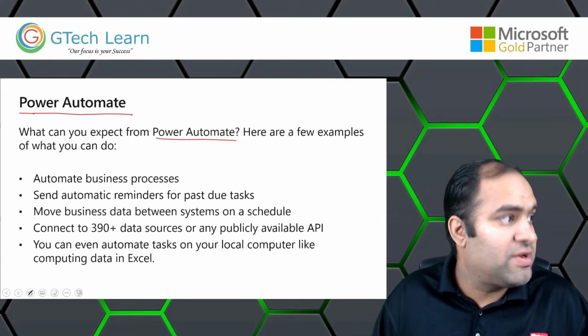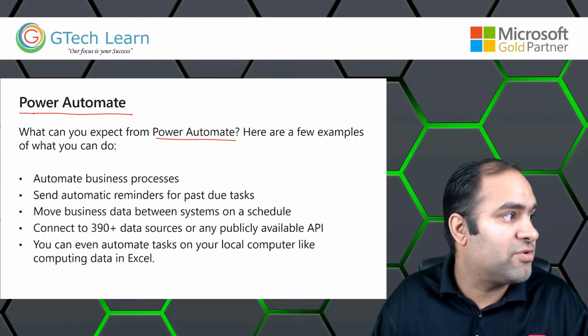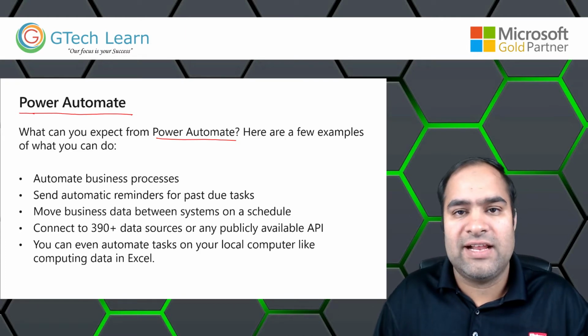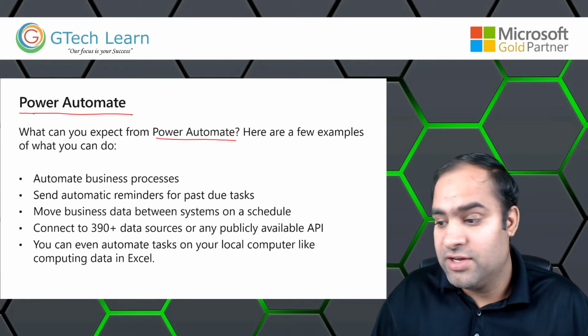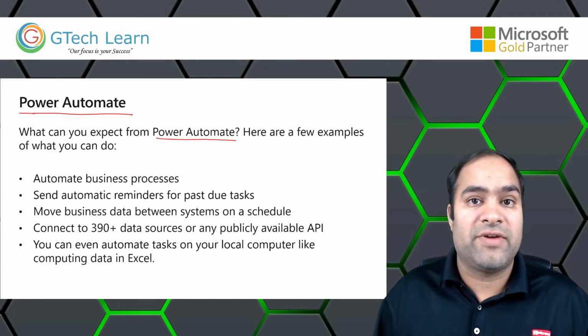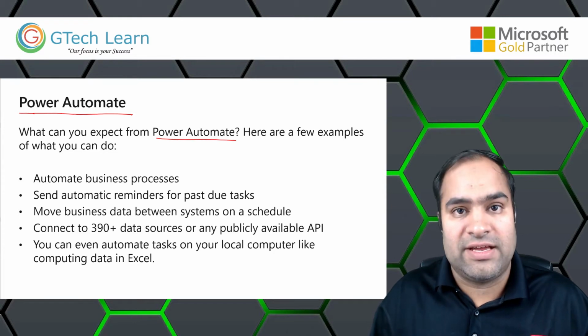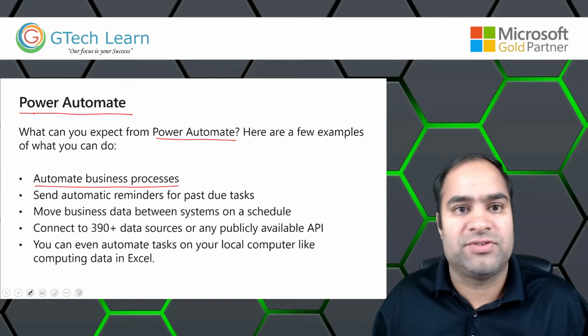If you want to have a business integration, we can always do that with the help of Microsoft Power Automate, for any kind of business integration scenario. Some of the great use cases are any kind of automation and integration scenarios, such as automating a business process.